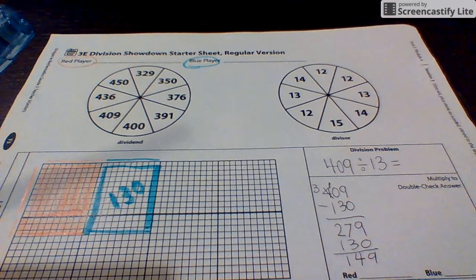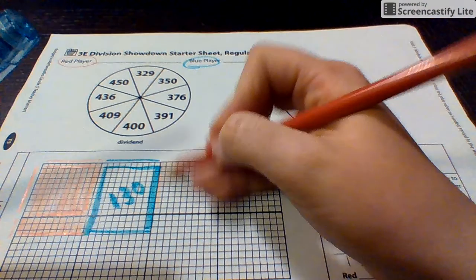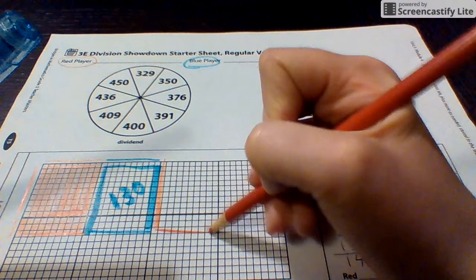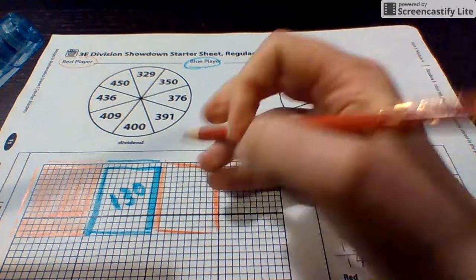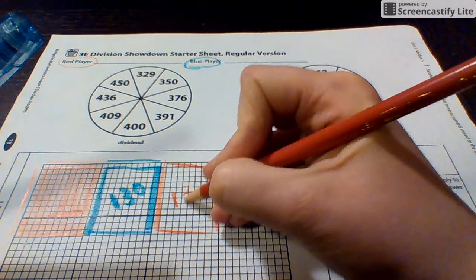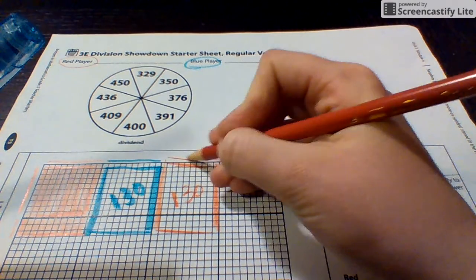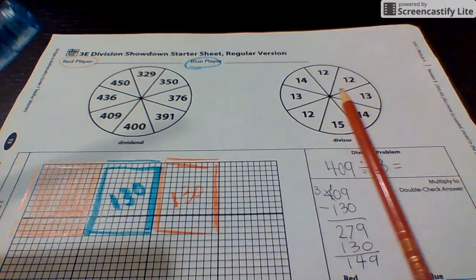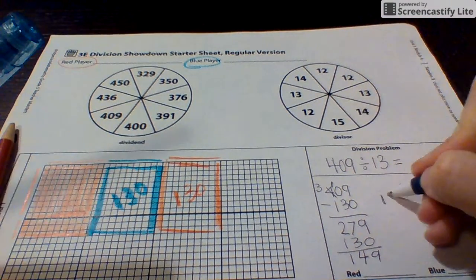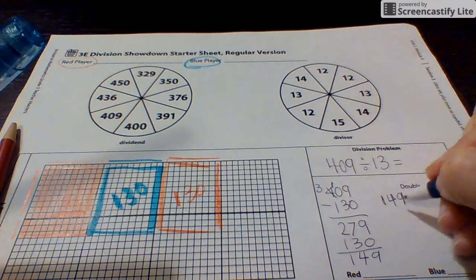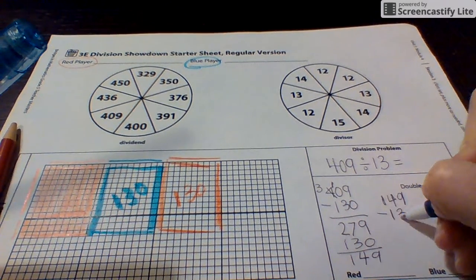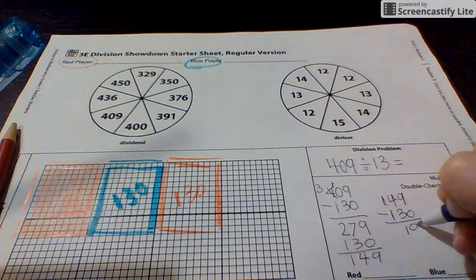The red player can do their 130. They put their 10 bar up top and they're going to subtract. So 149 minus 130. I have 19 left over.